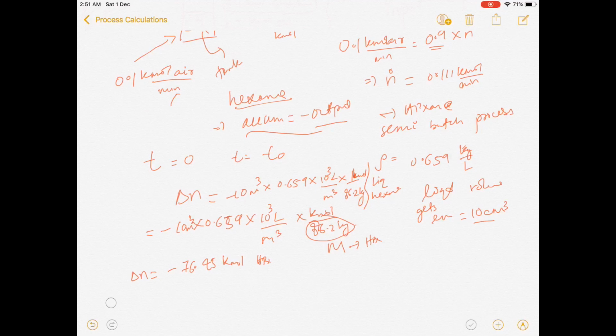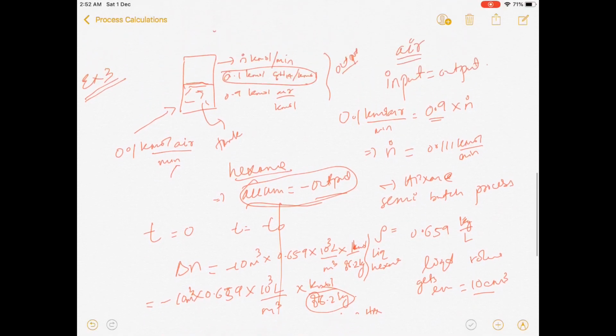So now it's simple. We just apply that. The accumulation term is minus 76.45 equals minus 0.1 n dot, that is the mole fraction times the molar flow rate.